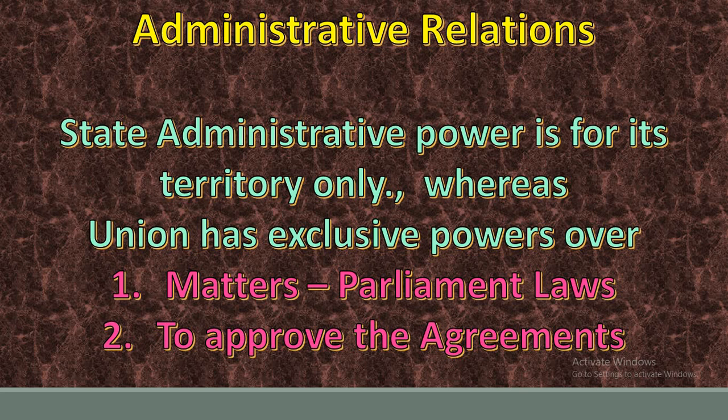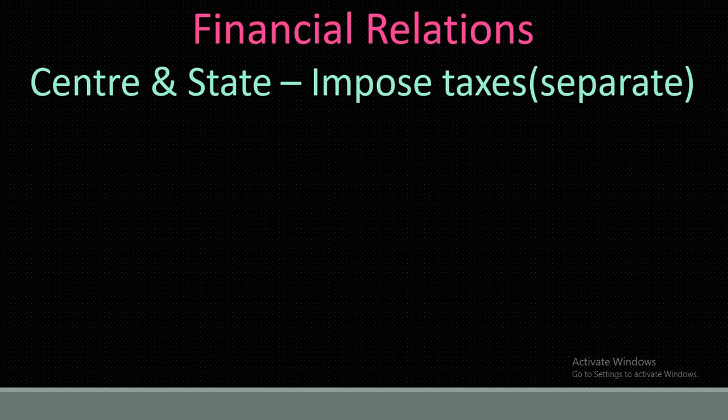The next is financial relation. The center and the state have separate authority to impose taxes. So it's their own duty to impose tax separately for their own ruling, for their own people. When they have been empowered by the Constitution, they have certain taxes to be imposed.